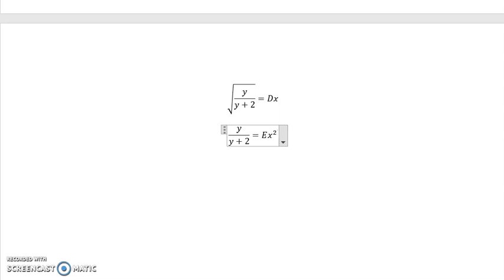And then you would multiply by y plus 2 on both sides, get y equals y plus 2 times e to the x squared, which is equal to y e x squared plus 2e x squared. That's a big E. And then you would put the y's all on the same side of the equation: y minus y e x squared equals 2e x squared.